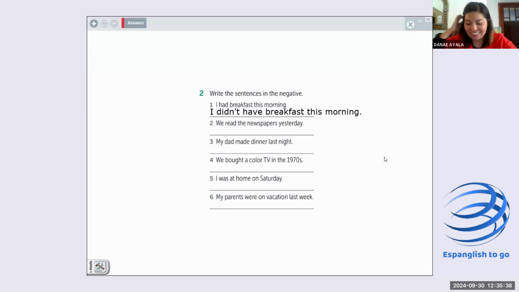Negative: we didn't buy a color TV in the 1970s.